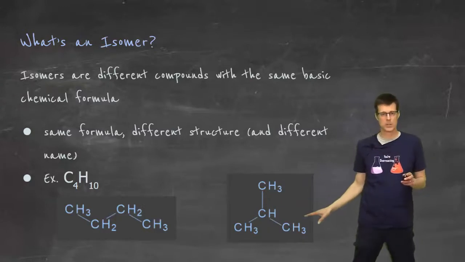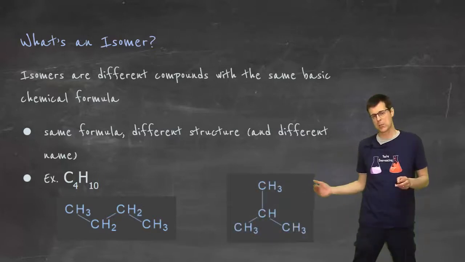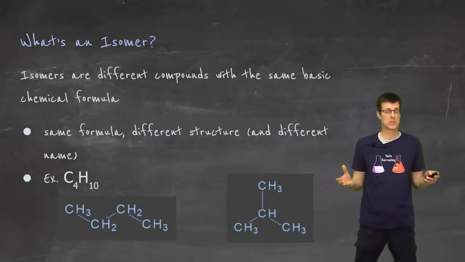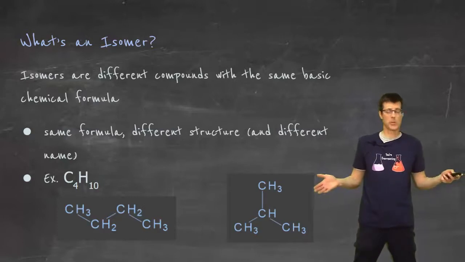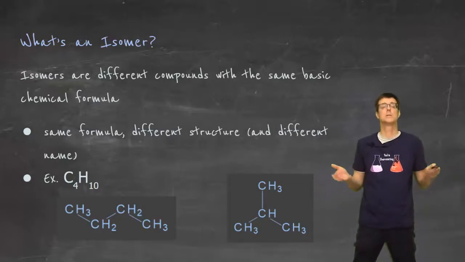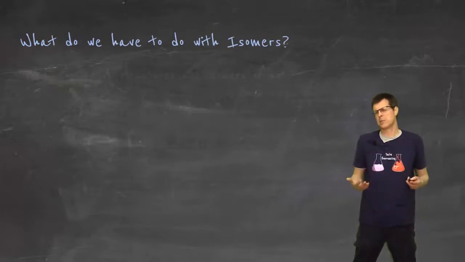So if I were to look at the first one, doing my nomenclature, that would be butane, 4 carbons, alkane. And the second one would be a propane because it's a 3-carbon chain with a branch on number 2, so it would be 2-methylpropane. Different name, different compound. Same chemical formula, isomers. Okay, so what do we need to be able to do with them?